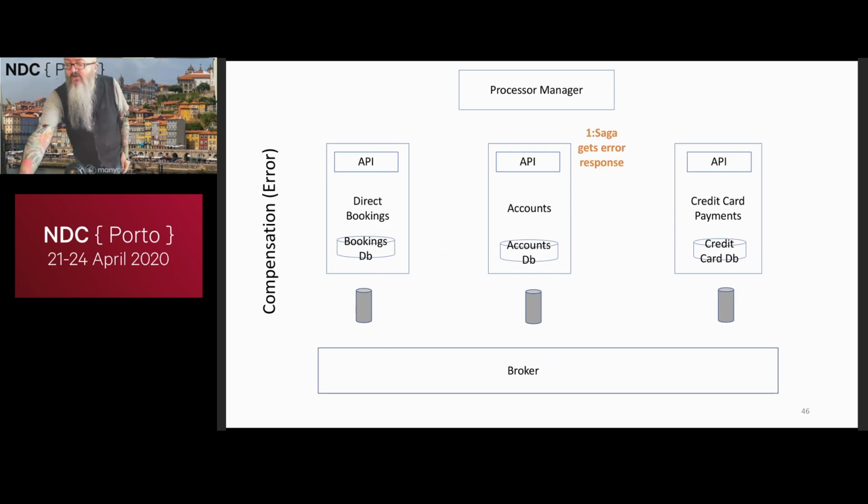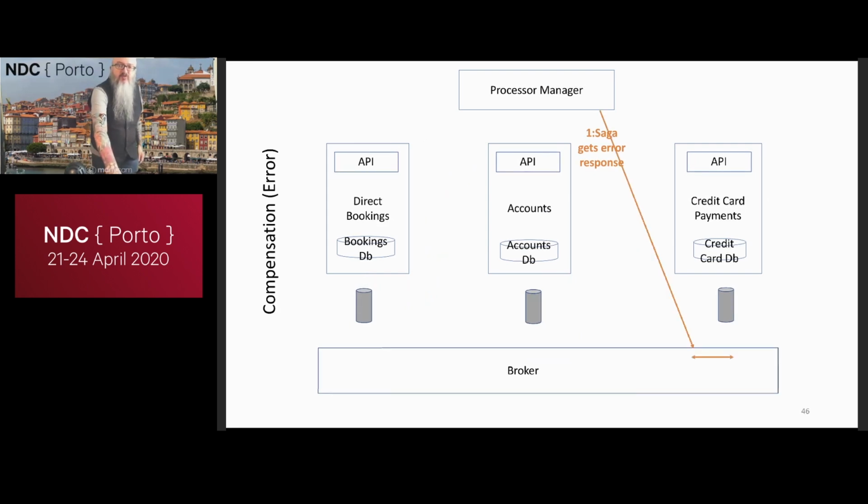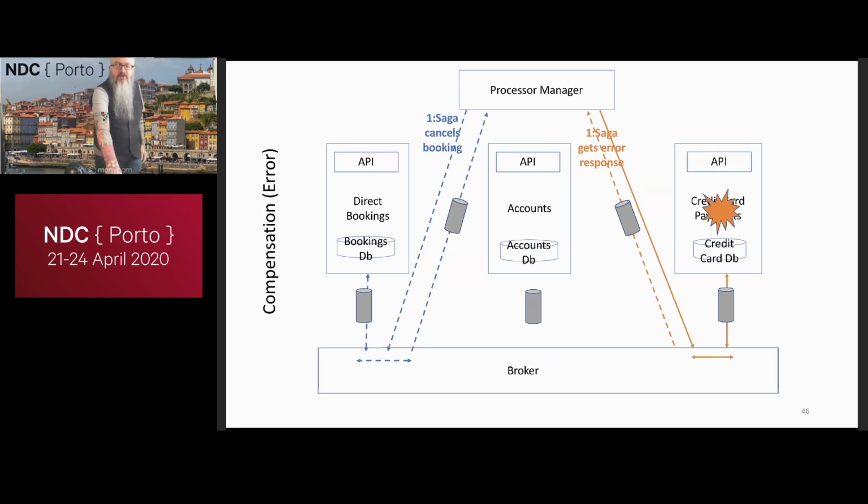So in circumstances where I want to guarantee that my booking is actually going to get reversed so other customers can now book that hotel room instead, the advantage of a process manager is that it gets the response back saying I failed to take the credit card correctly, and it will keep retrying to tell the direct booking service that, hey, you need to cancel that booking.